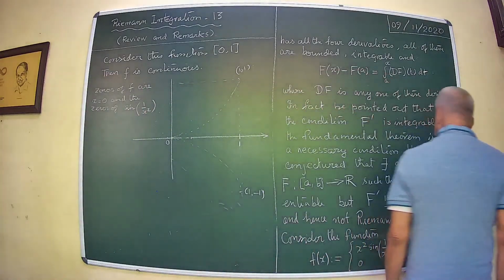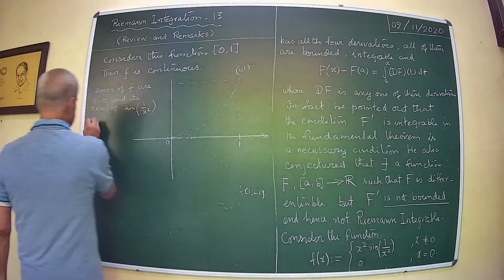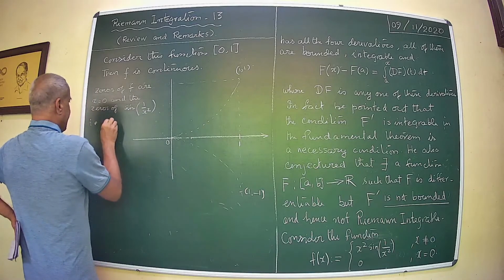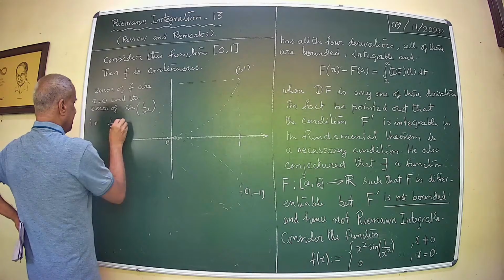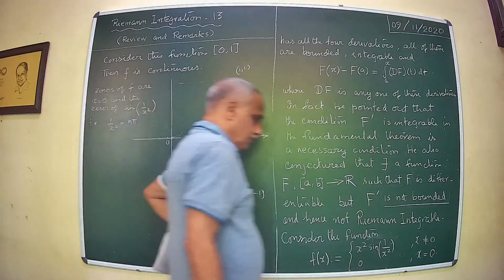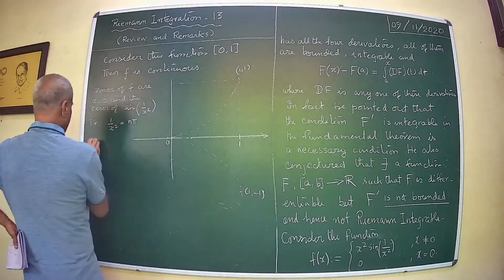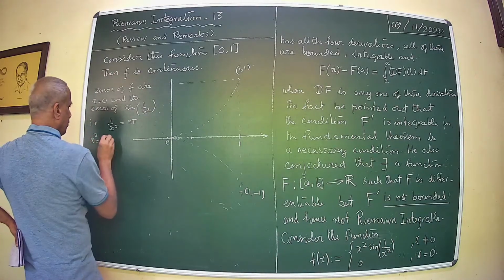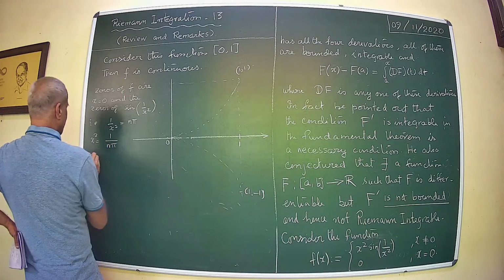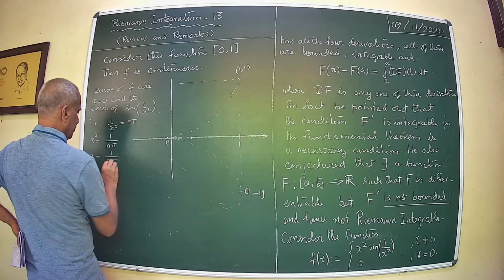And where do you have sine 1 by x squared vanishing? That is at 1 by x squared equal to n pi, or x squared equal to 1 upon n pi. If you take the positive square root of this, x equal to 1 upon square root of n pi.